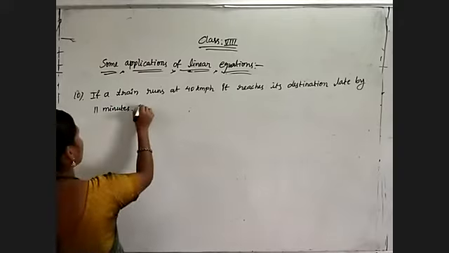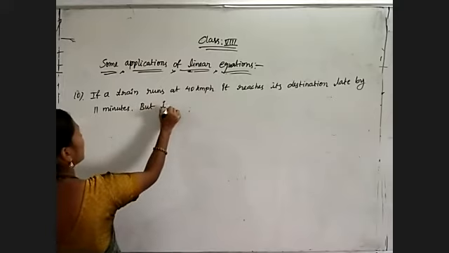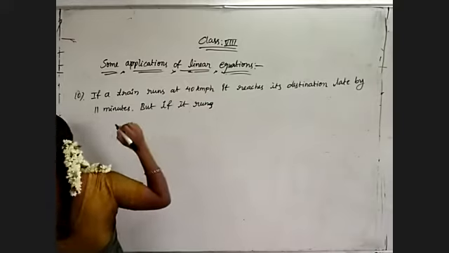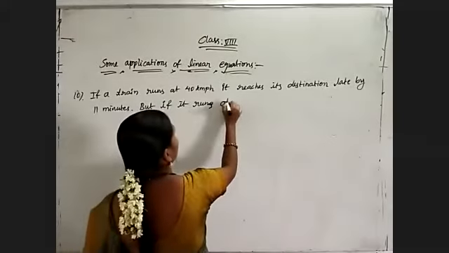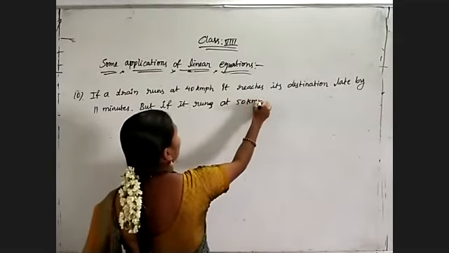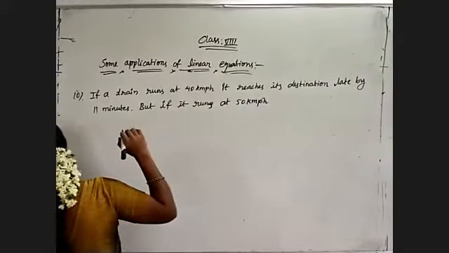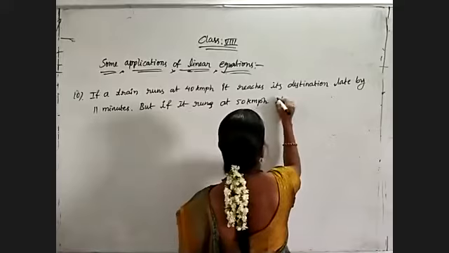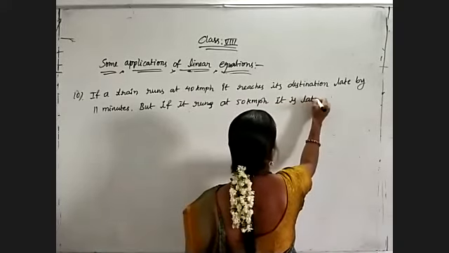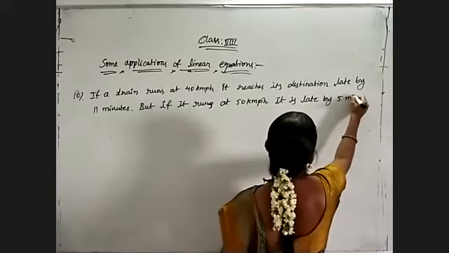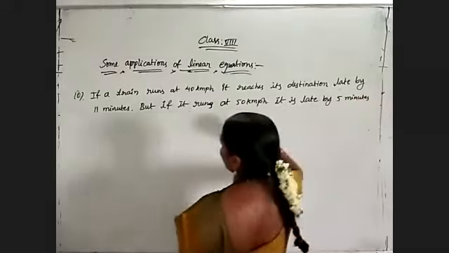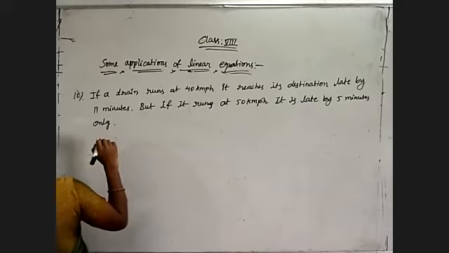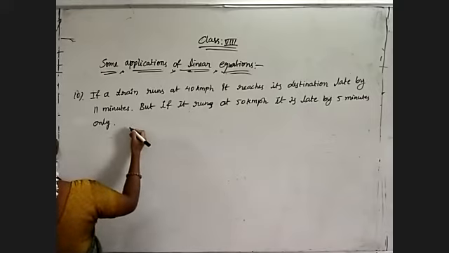But if it runs at 50 kilometers per hour, it is late by 5 minutes only. Find the distance to be covered by the train.